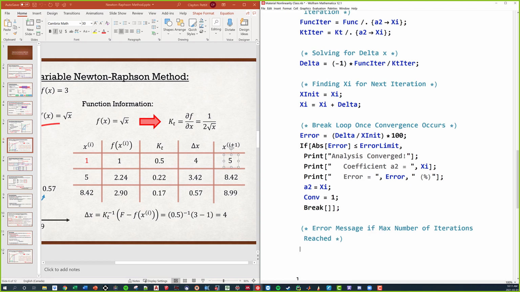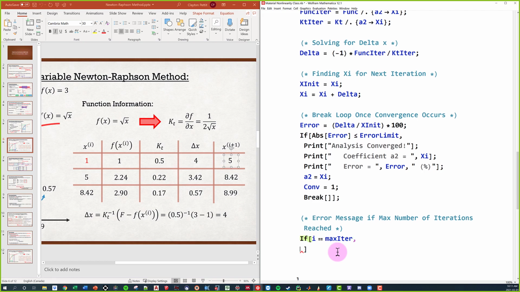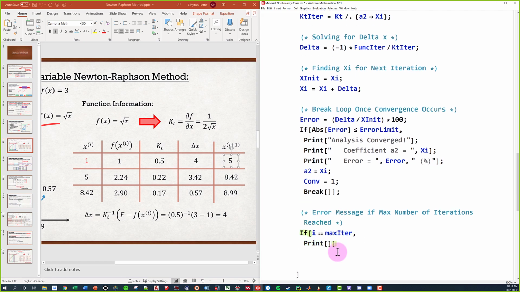So I'm going to say, if I, which is our current iteration, is equal to our max number of iterations, well, then we know that we have to print a message saying basically max number of iterations reached.